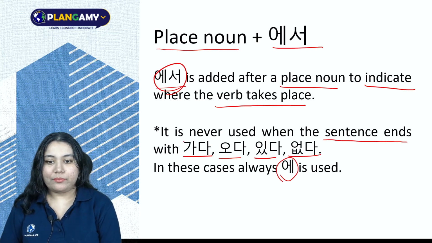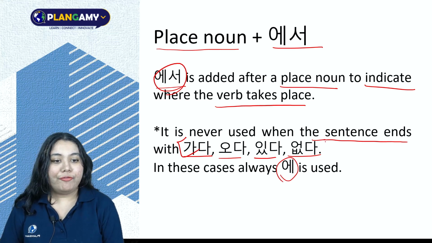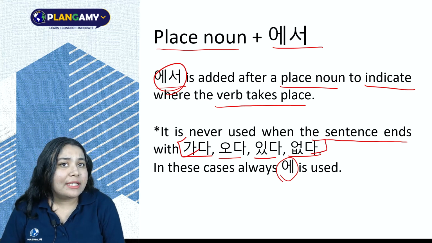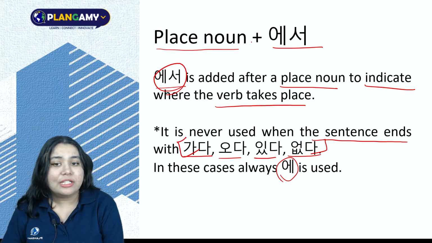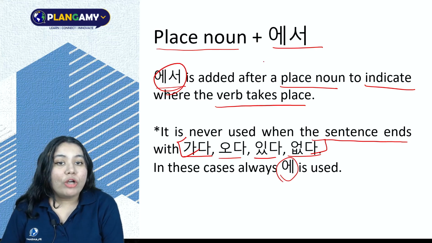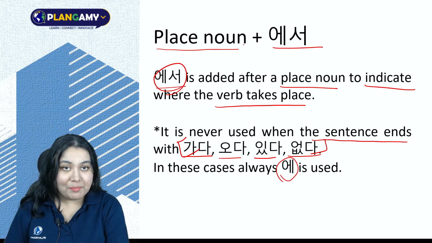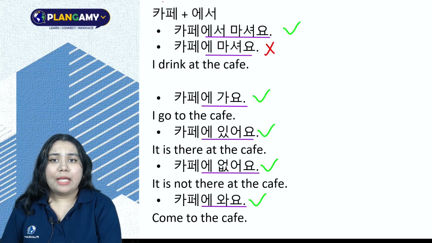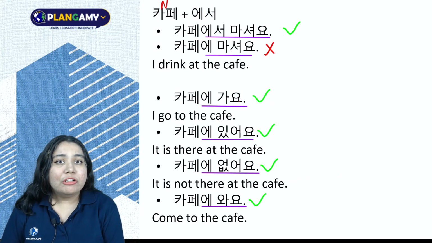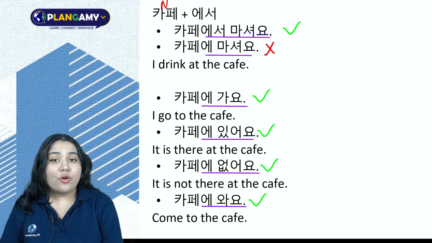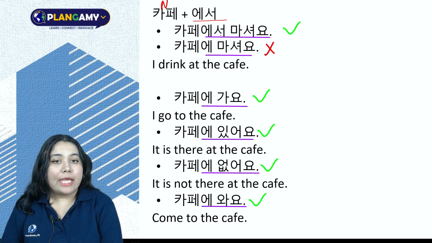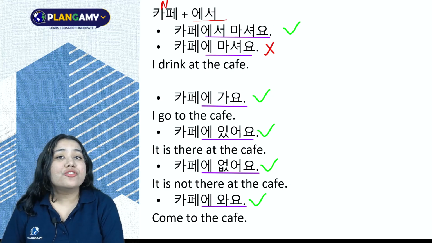So barring these 4 verbs, when anything else is happening at that particular location, I'll add 에서 to the 장소, the place. Let's see. I have 카페. It's a noun location, my 장소. So to 카페, I can add 에서. 카페에서 마셔요, to drink.